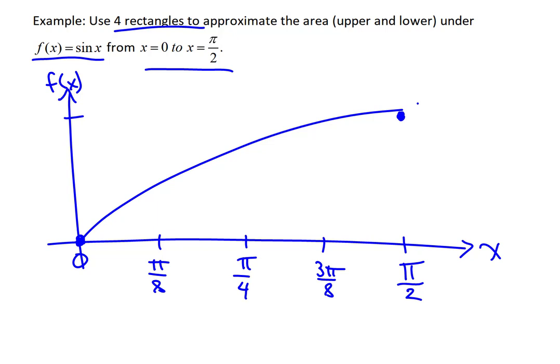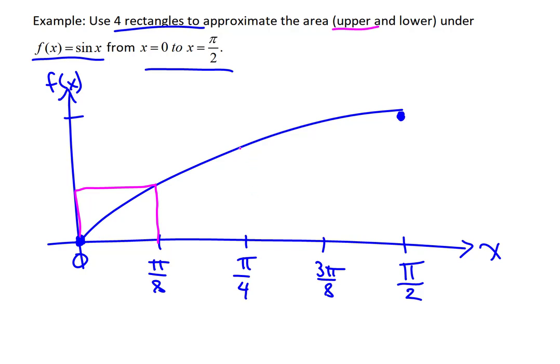Now, in this case, we're trying to find the approximate area upper and lower for this curve. Notice that it's an increasing function over this interval, meaning from left to right, it's only going up. And if we are careful to estimate, we could get an upper estimate, as we saw initially way above in our notes, by using the right boundary of each interval to create a rectangle.